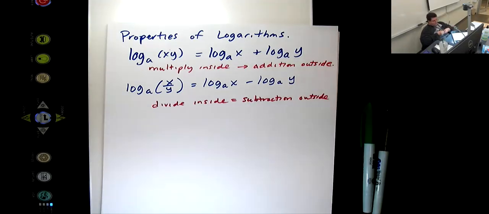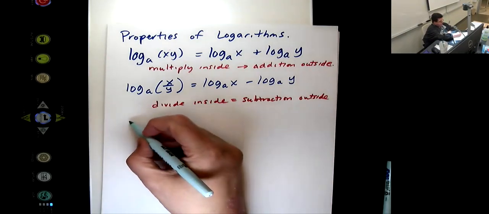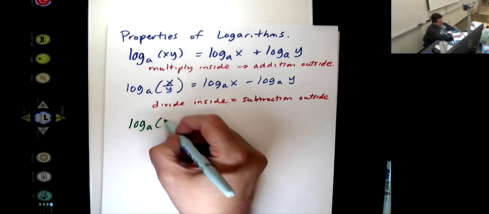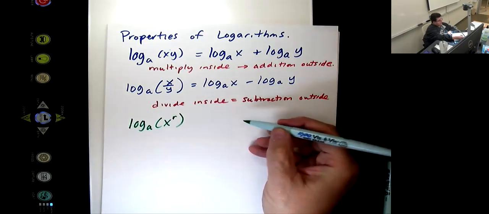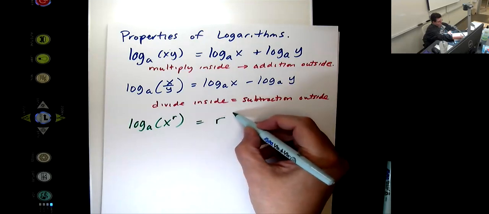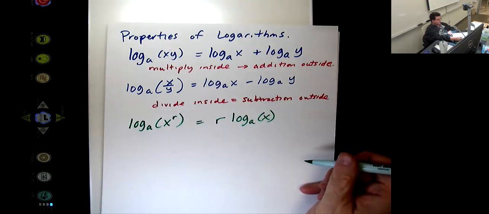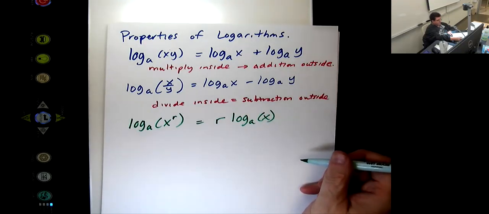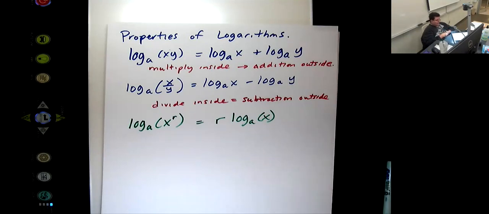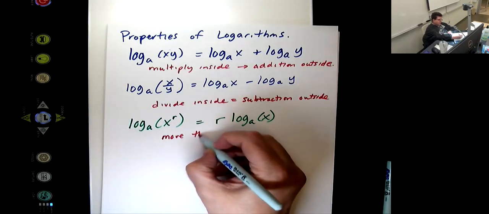This is actually highly related to the next rule, which is log base A of X to the R equals R times log base A of X. So you can move the exponent out as a multiplier.